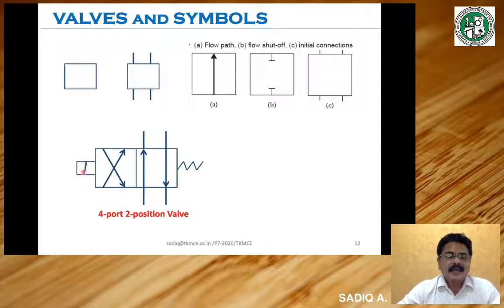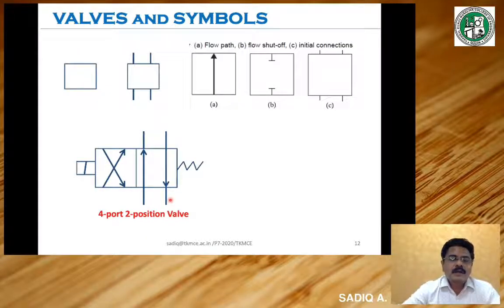That means an electrical signal is sufficient to switch the position of the valve from this status to this status. This shows that there is a spring. That means when another signal is given here, it will come back to the original condition against spring load. That's the meaning. So altogether what we understand from this is that it is a 4-port 2-position valve.